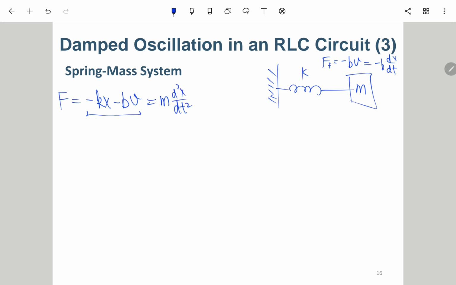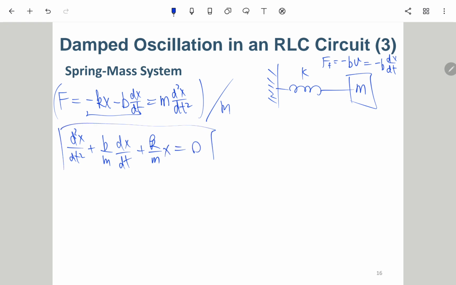In this case we can just divide m on both sides. So we have d2x dt2 plus b over m dx dt, and then plus k over m x equals 0.